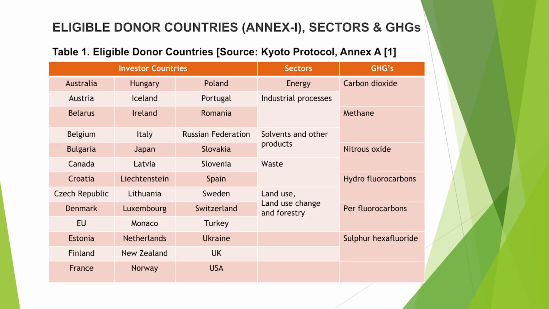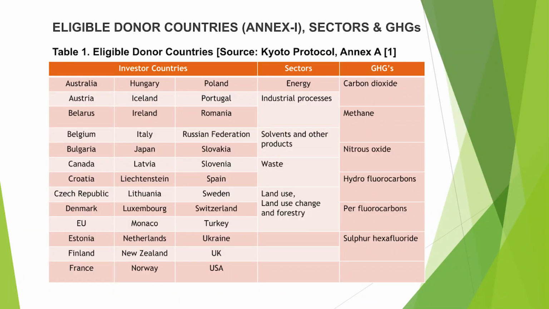There are a lot of countries which are responsible for providing CDM projects to the developing countries, and these countries include Australia, Austria, Belarus, Belgium, Bulgaria, Canada, Finland, France, Italy, Japan, Ireland, Iceland, Hungary, Monaco, New Zealand, Netherlands, Norway, Poland, Portugal, Romania, Slovenia, Spain, Sweden, Switzerland, Turkey, UK, USA, Ukraine, and many more countries which can provide these CDM projects to the developing countries.